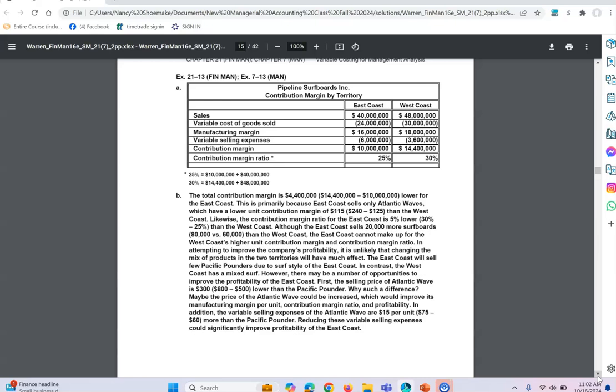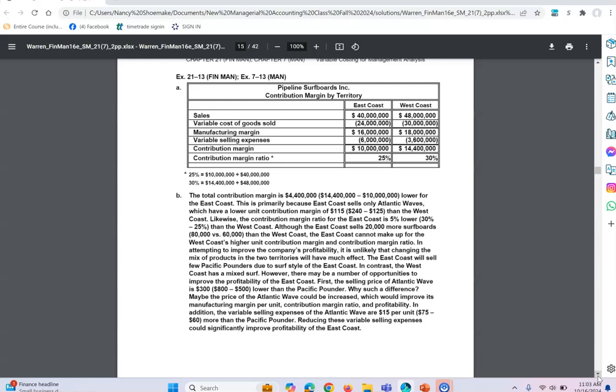The East Coast will sell few Pacific Pounders just because of the style of surf. Even though the Pacific has a mixed surf, they want to sell that West. They're looking better on the West Coast.